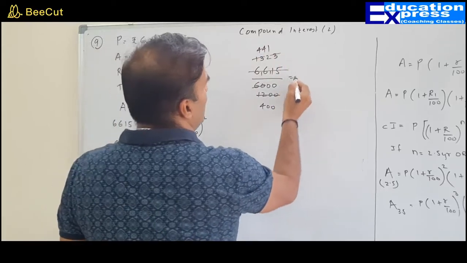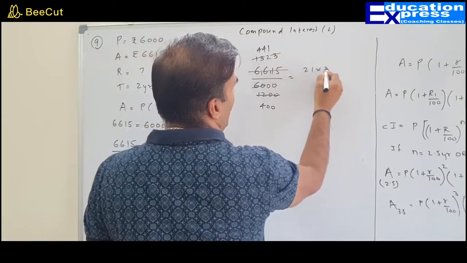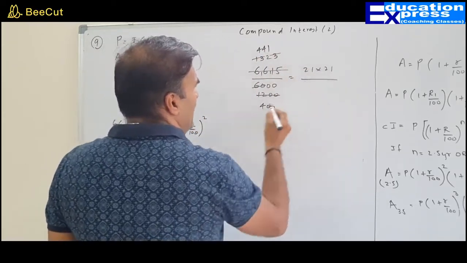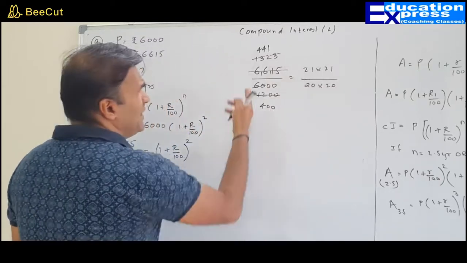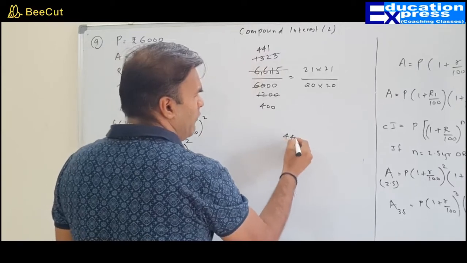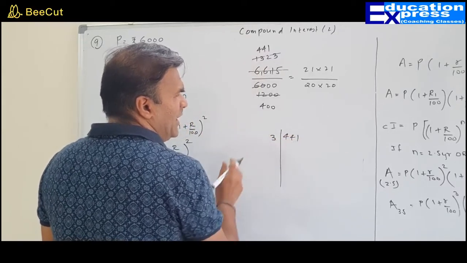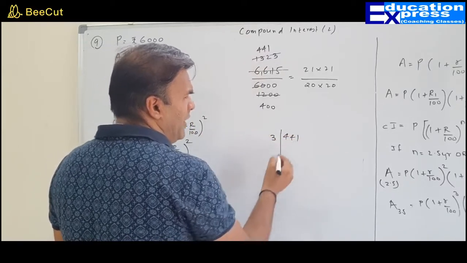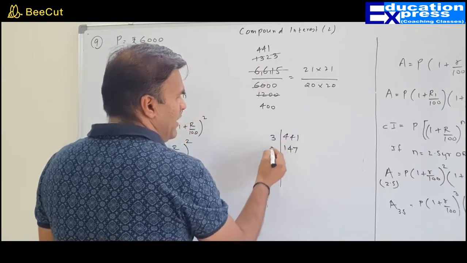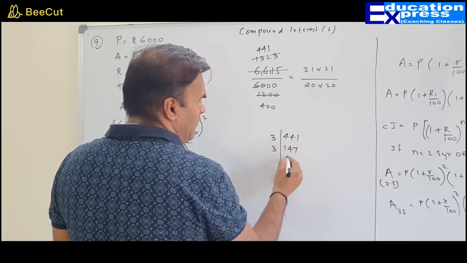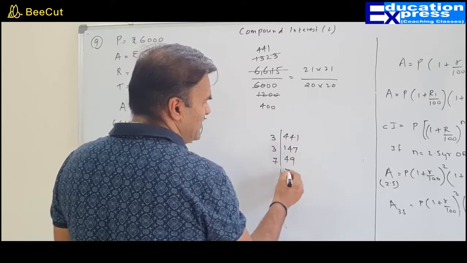Wonderful. 441 is a square of 21, whereas 400 is a square of 20. Now someone says, sir, how will I come to know 441? Apply the table of 3 and check what you get. 441 divided by 3 is 147, again by 3 is 49, which is 7 times 7.